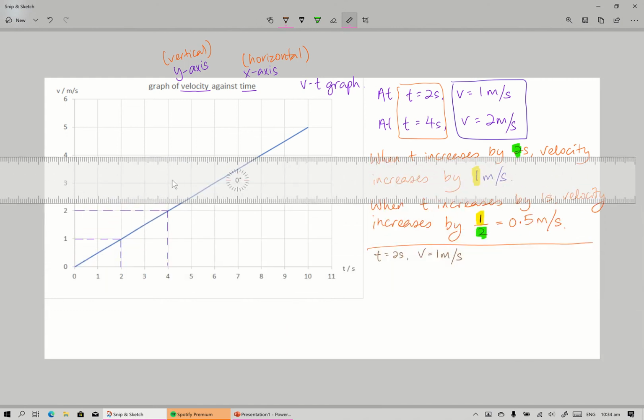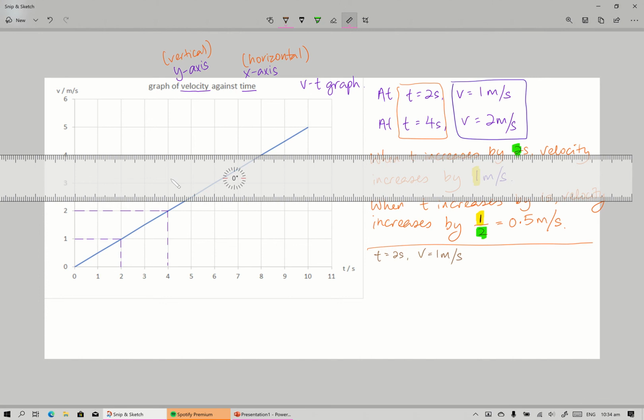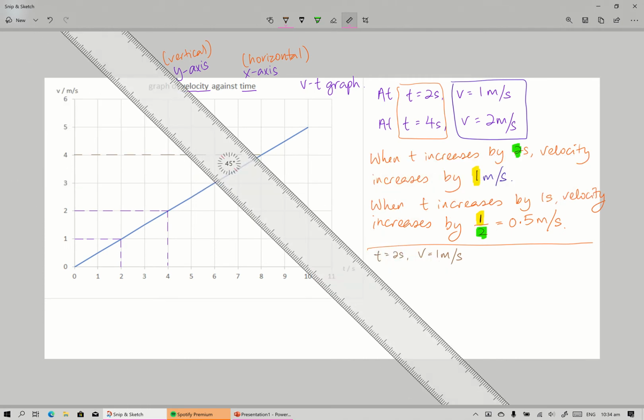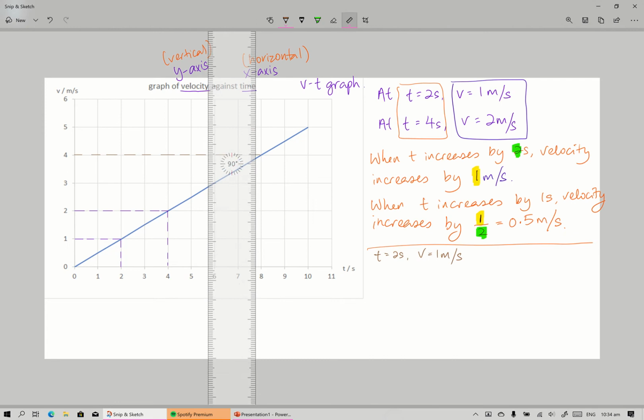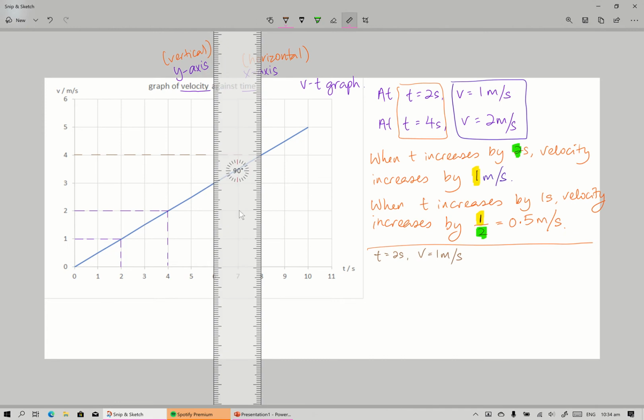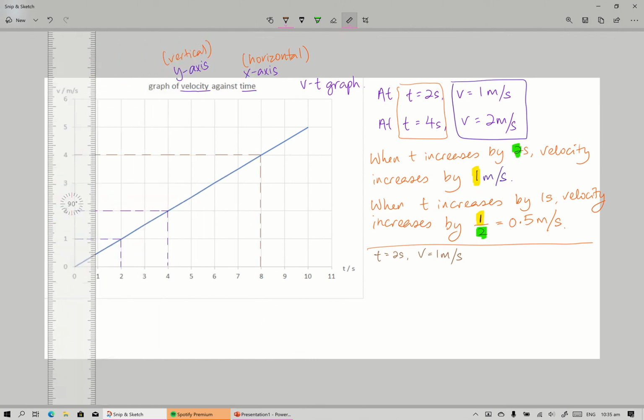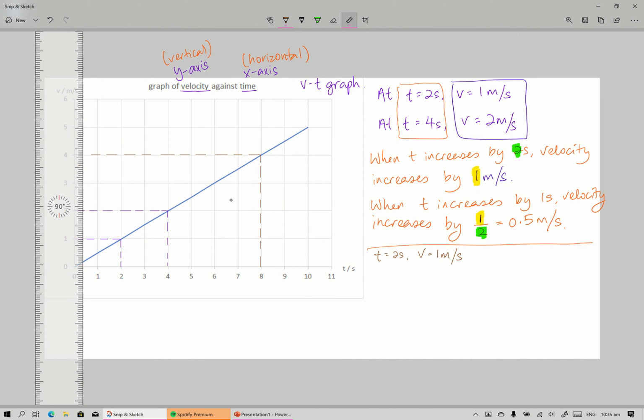The other set of coordinates I'm going to use will be at 4. So at time equals 8 seconds, velocity equals 4 meters per second.